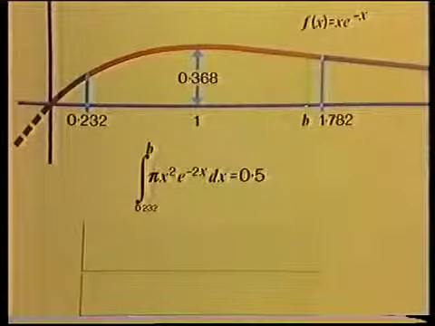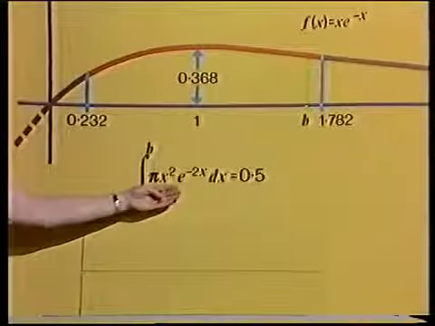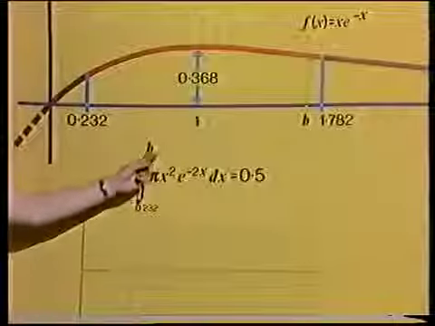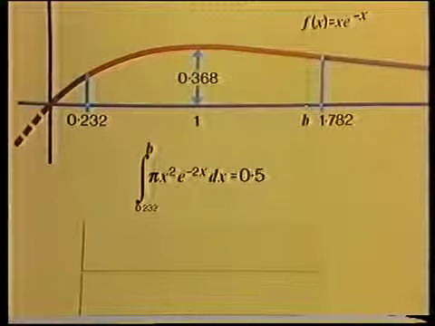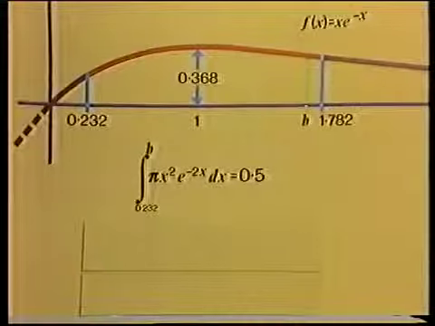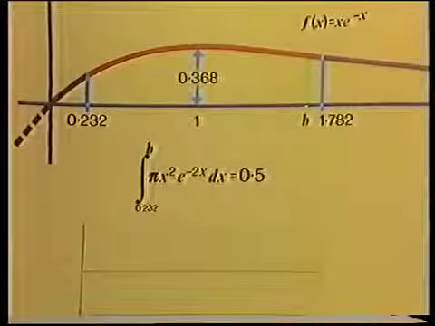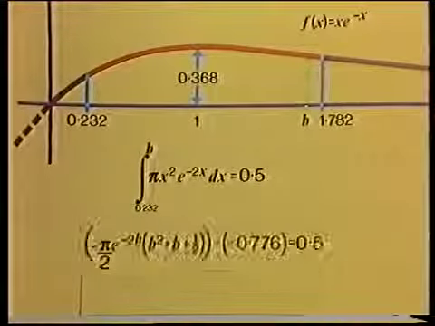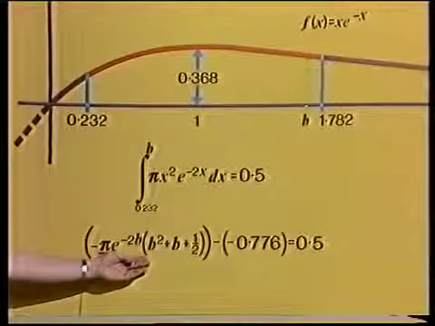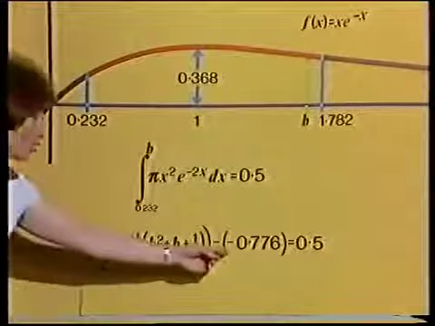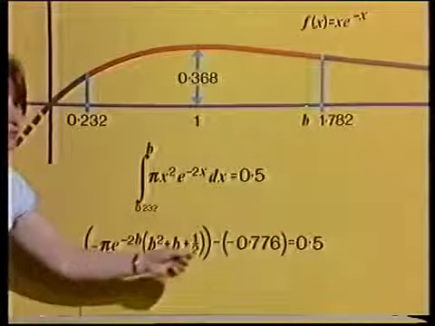In other words, the difference between the values of the primitive of this at b and 0.232 is 0.5. But Mike found a primitive for this earlier in the program, which gives this equation. Here's the value at b, and this is the value at 0.232.